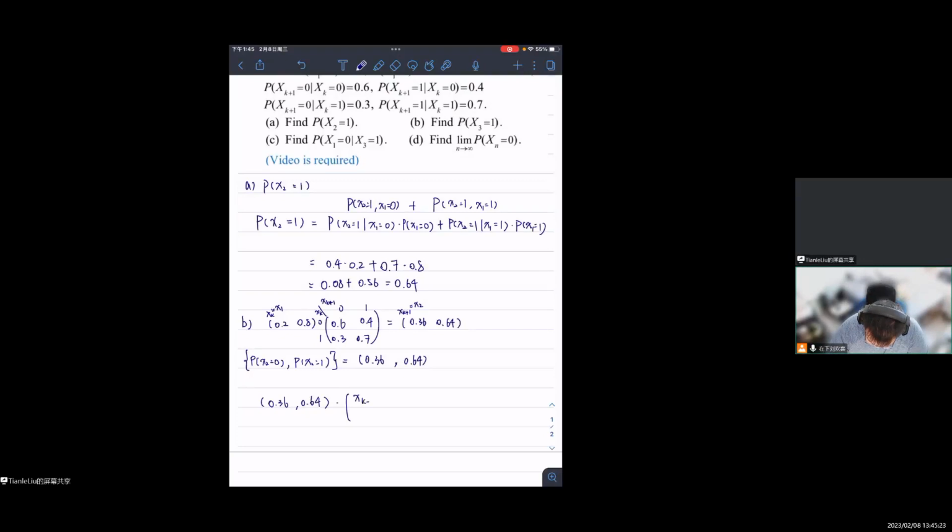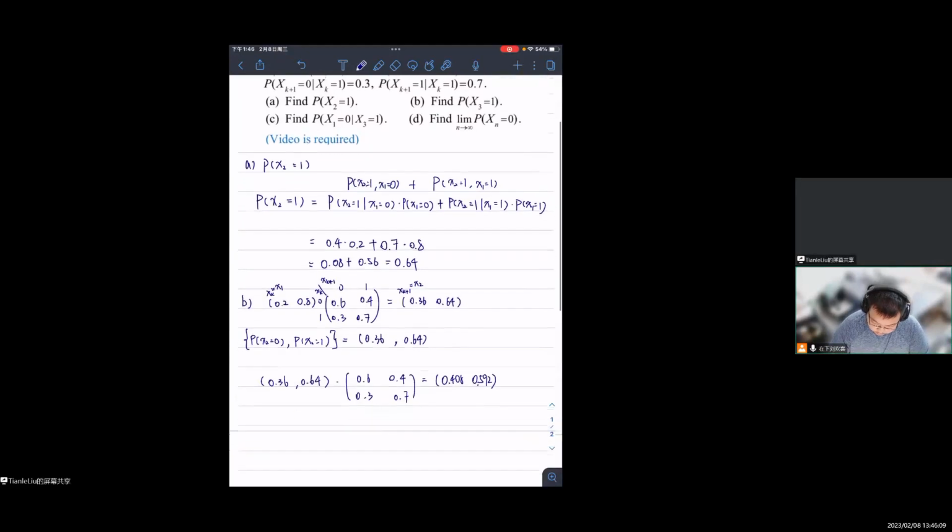So it's 0.6, 0.4, 0.3, 0.7, which equals, let me check it, 0.408 and 0.592.